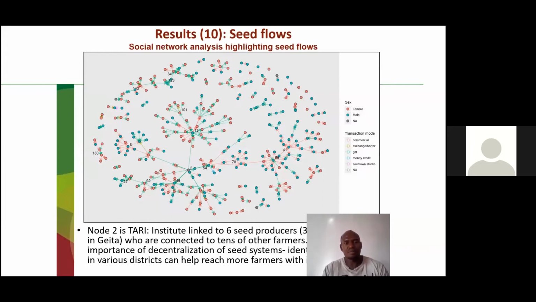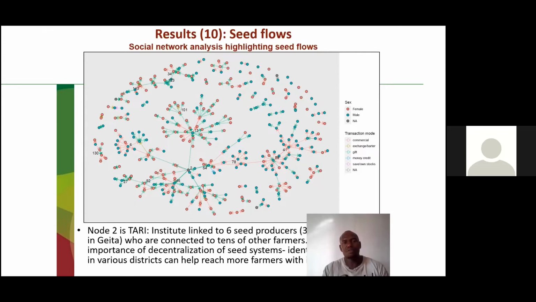And look again, for instance, at number 54. That is another trained seed producer in Bukombe district, and you can see he is linked to other nodes down the line, including number 78, number 59, who is linked to 78, and number 41, who is linked to 59.